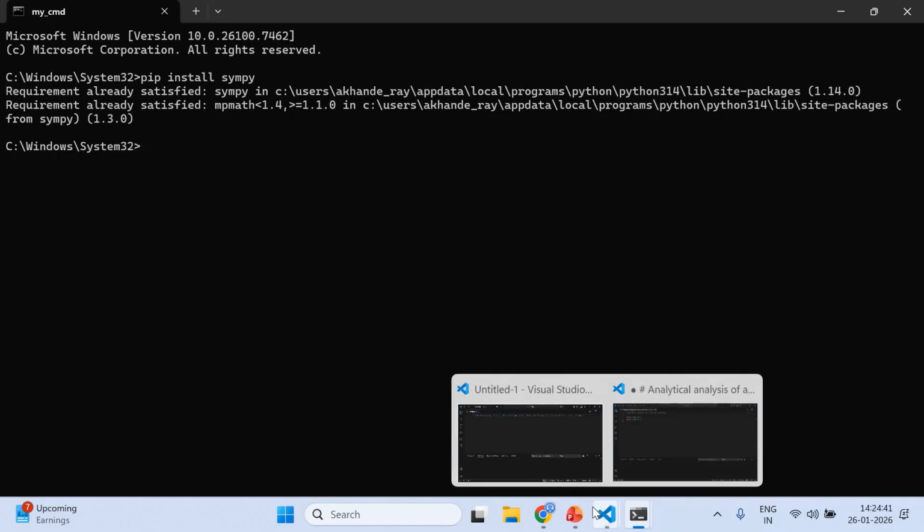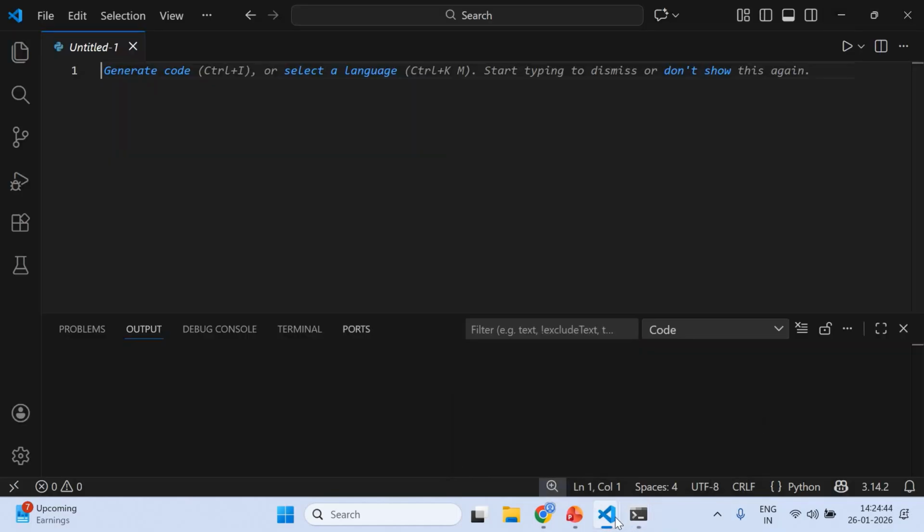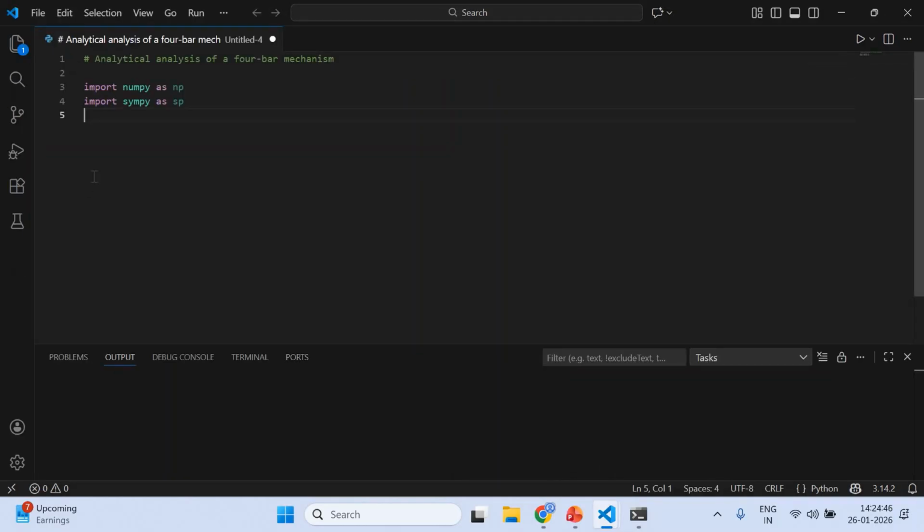So you have to simply tick mark that option. Now once you install the Sympy library, just go to your Python editor, right? Now here we will start with first defining the links. So let us define the links. Let us say AB is my input link, then BC, which is obviously the length of BC is B, and this is my coupler link.